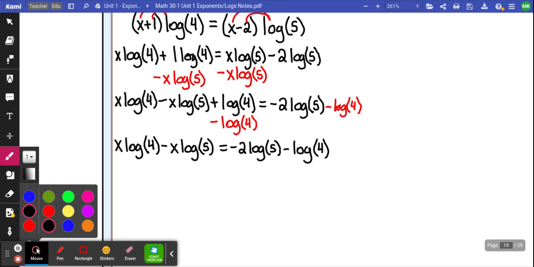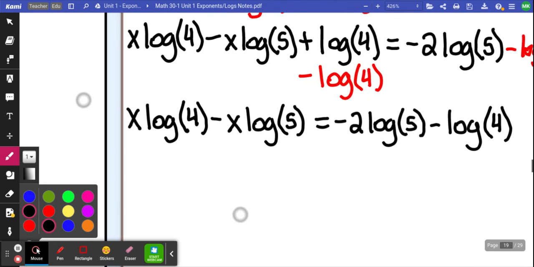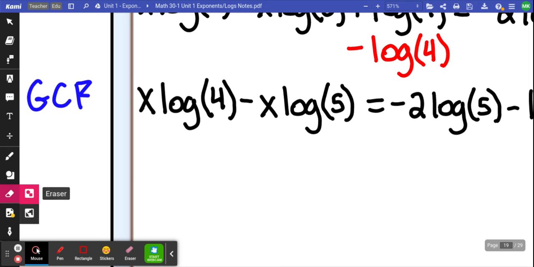The way I could get those x's on the left side away from those logs is by doing a greatest common factor. I could GCF an x out.